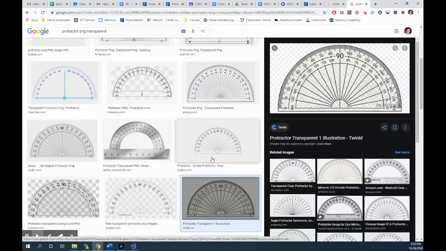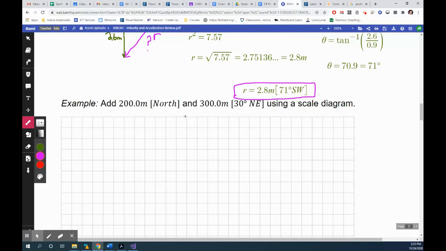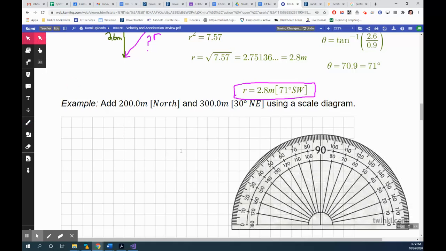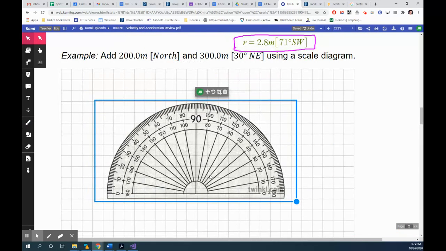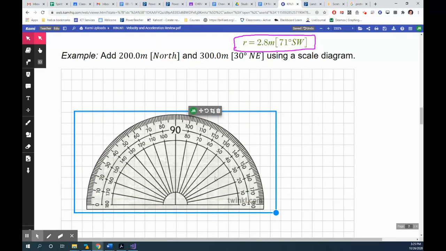Come on. There we go. Let's see if this works. Here, there. Awesome. Look at that. You guys need to use a protractor. Okay, and you also need a ruler.